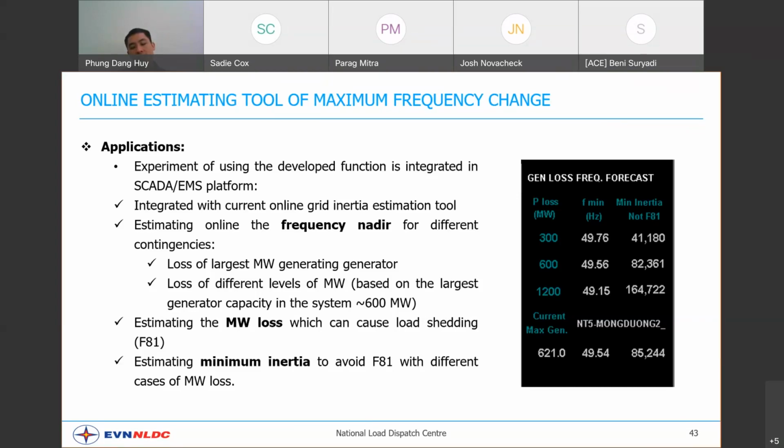So this method also has the ability to determine the minimum inertia, which adds to the method of estimating minimum inertia by offline methods that I have mentioned in the first slide. So we now have two methods of determining the minimum inertia. One is by event, and one is by the use of this function. Next slide, please.